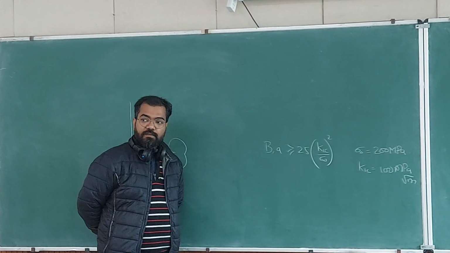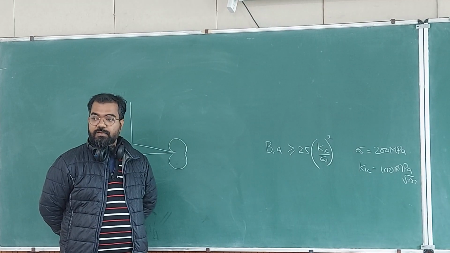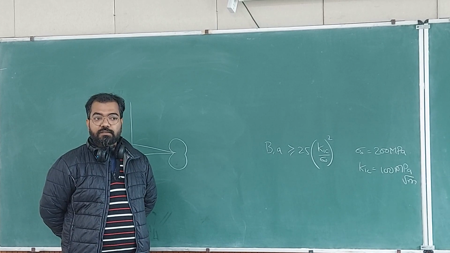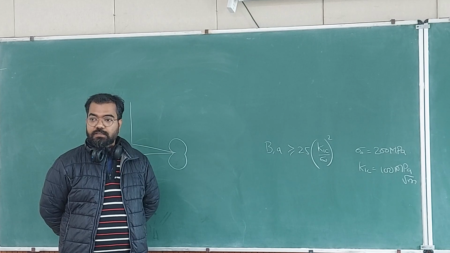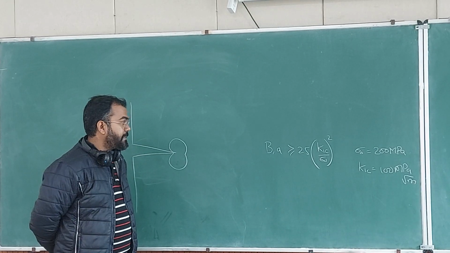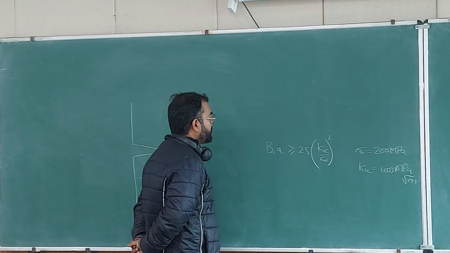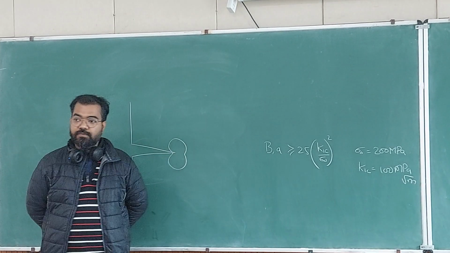This is a fair assumption because we do have a lot of materials with yield strength and K1C in these ranges. So can you calculate how much thickness of this specimen you need?